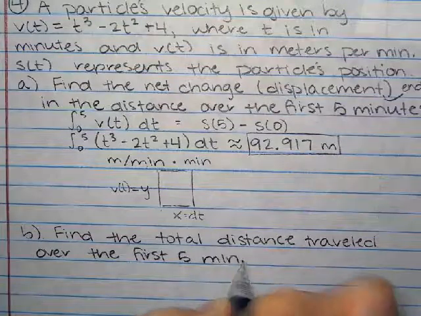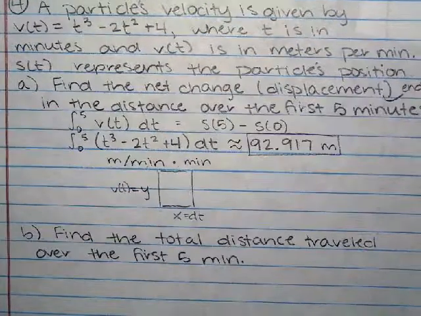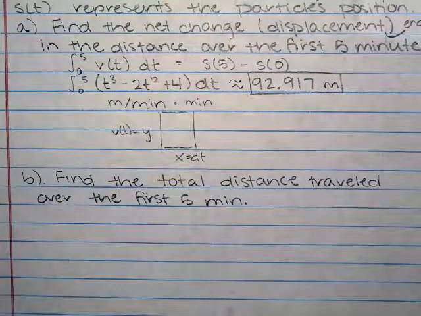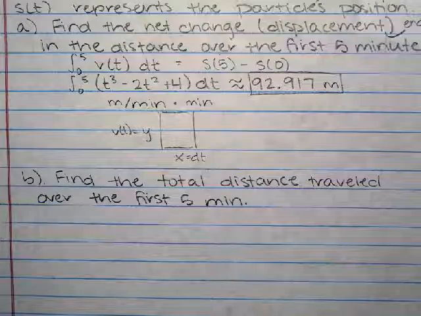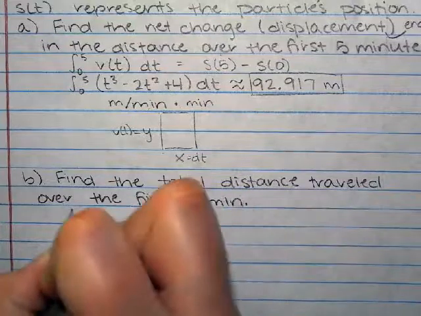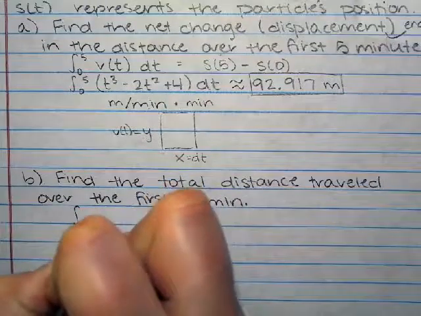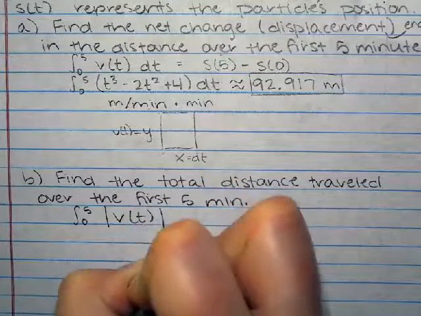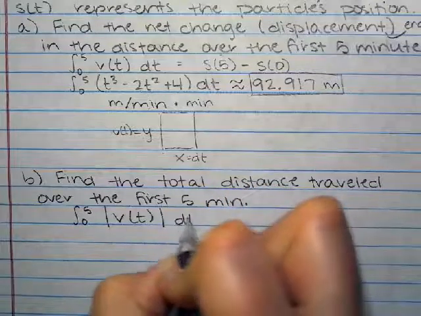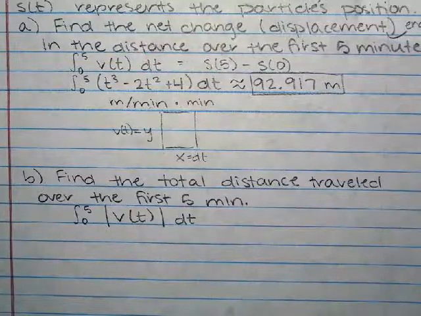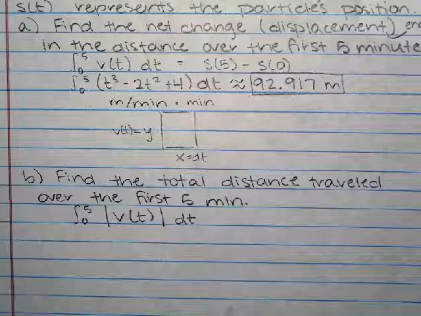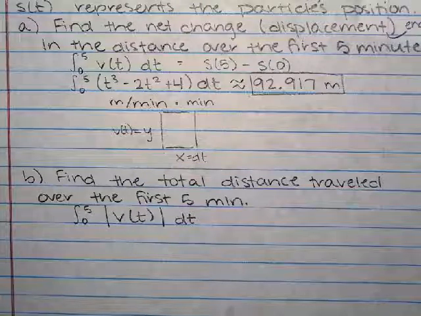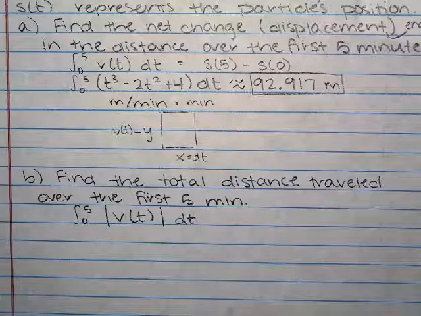So how does that change the problem? Now this is where we have the absolute value. So now we're going to say from 0 to 5, but now this is the absolute value of v of t. So now we want to clock every time they moved one direction and then another direction and then back a direction and then forward a direction. So we don't just want to clock where they ended up, we want to know what their whole path was, what their whole journey was.